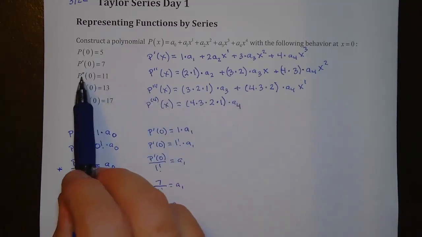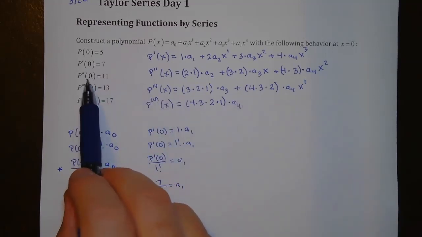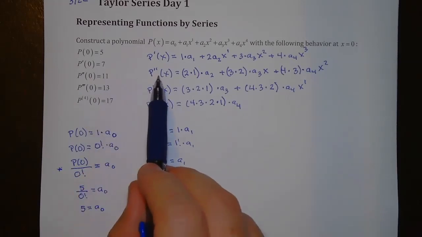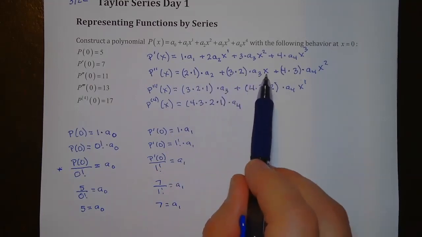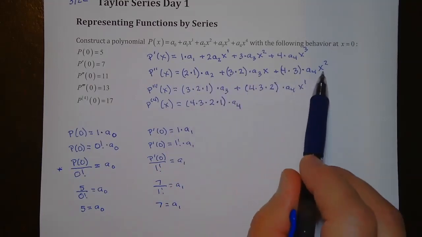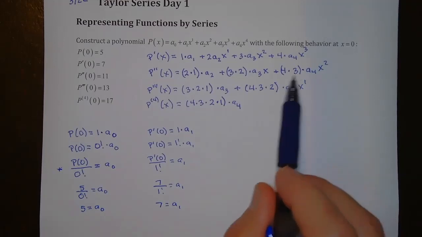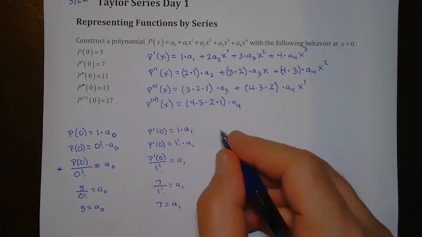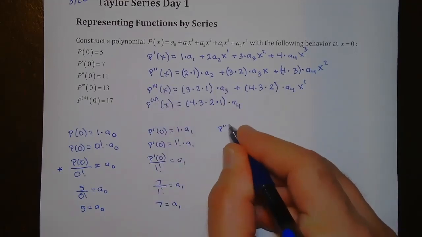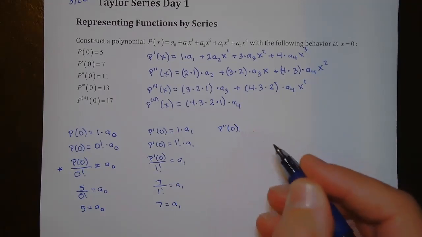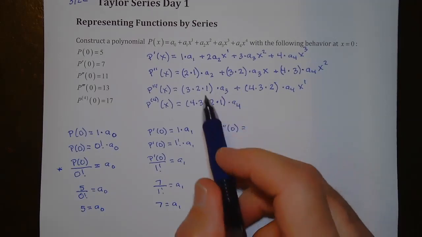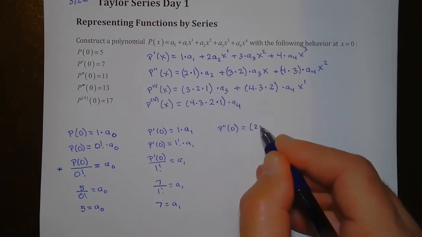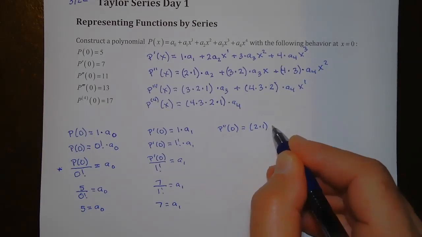So we go to the second derivative. P double prime of 0 is equal to 11. So I'm going to use this one. I'm going to plug in 0 into P double prime. That would cause this one to be 0 because there's an x right here, and would cause this one to be 0 because there's an x right there. So this P double prime of 0 is equal to, and this is why I wrote the 2 in parentheses, 2 times 1 times a sub 2.